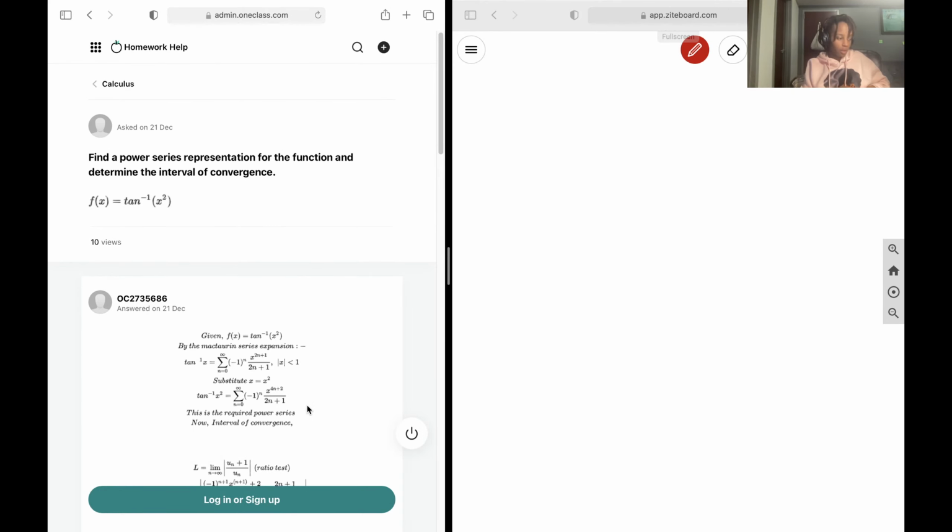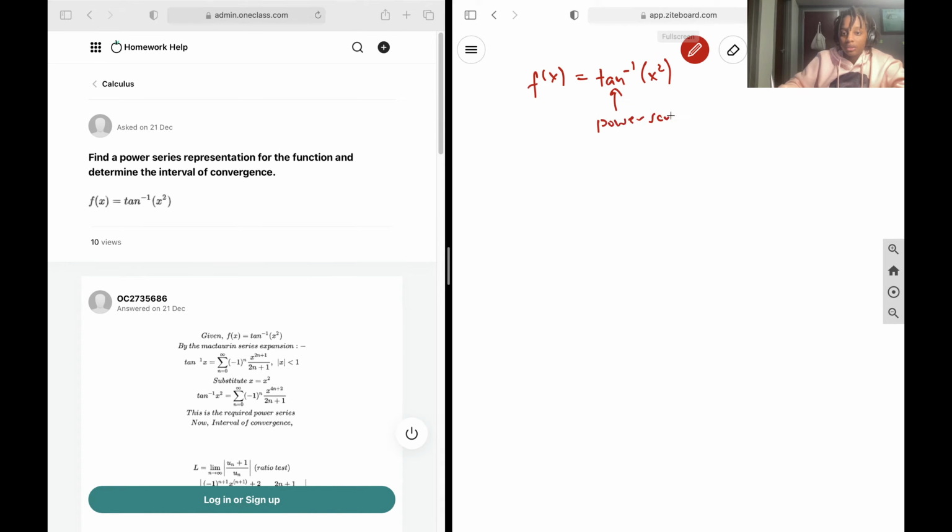Okay, for our next question, we want to find the power series representation for this function. So if we have f of x is equal to inverse tangent of x squared. So first we're going to need to find the power series representation for the inverse of tan.